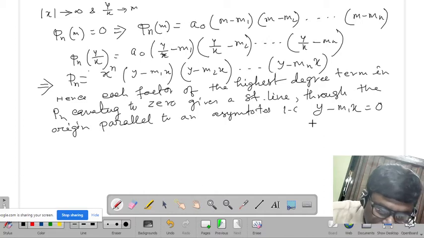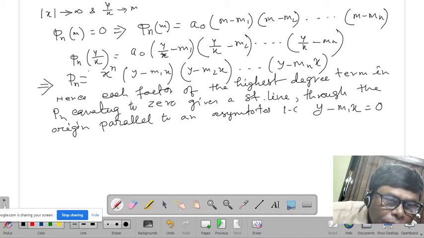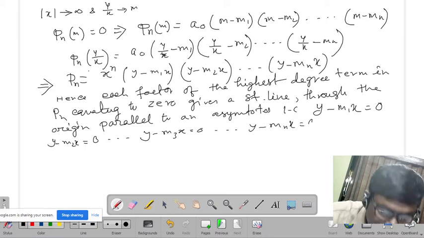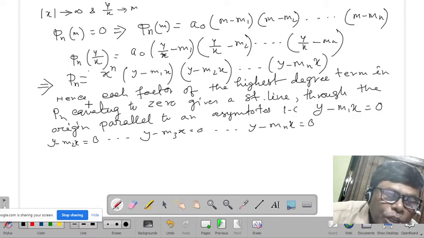Okay, then y minus m2x equals 0, and so on, y minus m3x equals 0, and so on, y minus mnx equals 0. Okay, so this condition we are getting now.